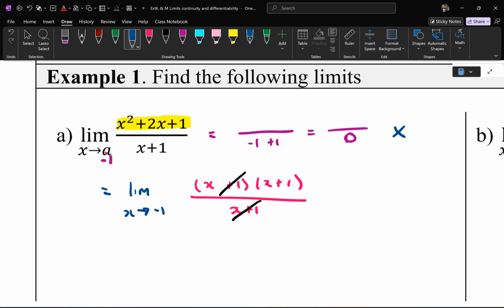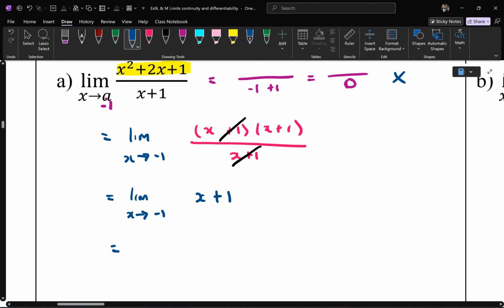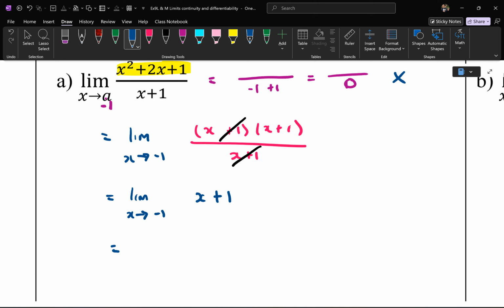And then you can say, as the limit of x approaches -1, so as x gets closer and closer to -1, what would x plus 1 approach? So in this sense, if this is getting closer and closer to -1, let's say it is almost exactly the value of -1, well then you can say it would approach 0.